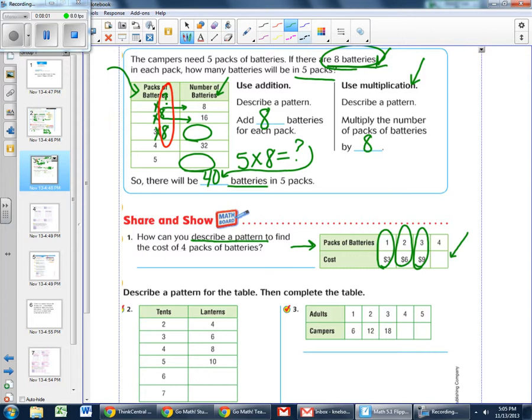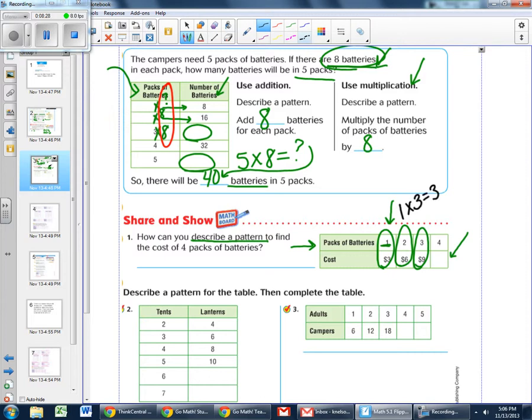The difference between 1 and 3, the difference between 2 and 6, the difference between 3 and 9. Since this starts out with a 1, it should be easy if we're using the identity property of multiplication that says the product of any number and 1 is that number. You should know that you are multiplying this. 1 times 3 equals 3.